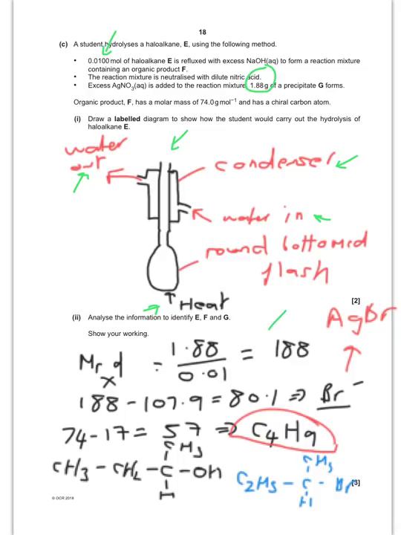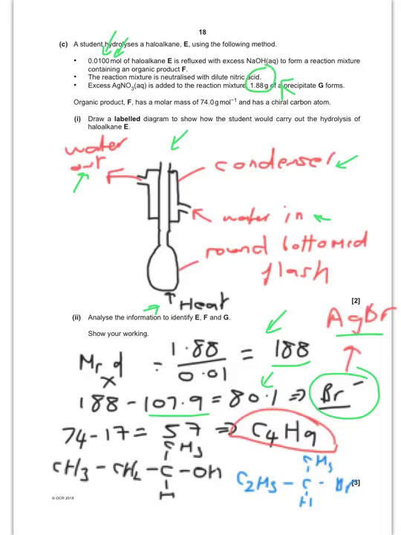So from that you can find your molar mass of G by putting the mass of the precipitate over the number of moles to get 188. If you take 107.9, which is the relative atomic mass of silver, away from that, you get 80.1, and that means that your halogen must be Br, and therefore precipitate G is AgBr.